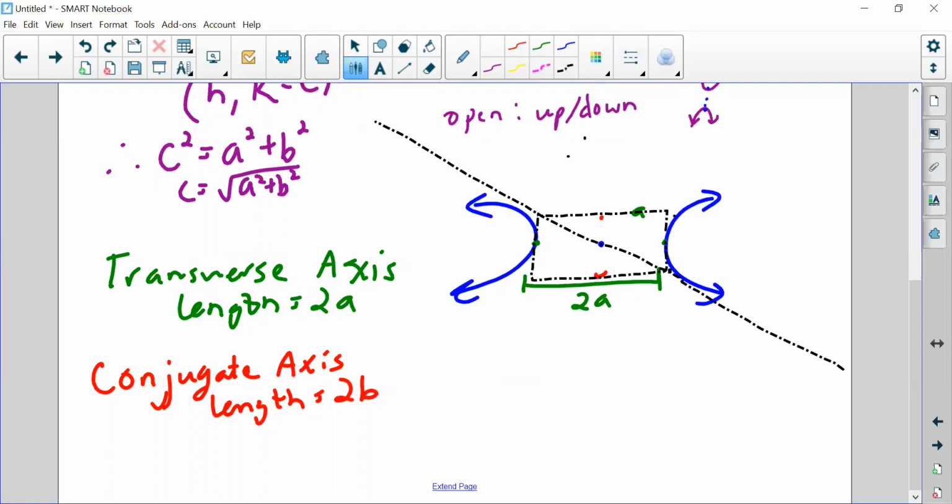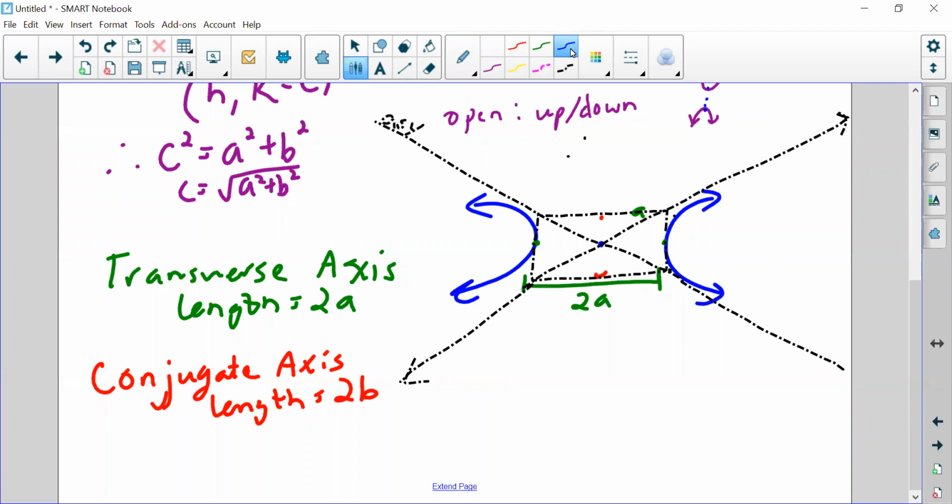That's going to be an asymptote. And then I'm going to do it the other direction. Corner, corner, and through the center. I was missing it a little bit, but pretty close. That would be my other asymptote.